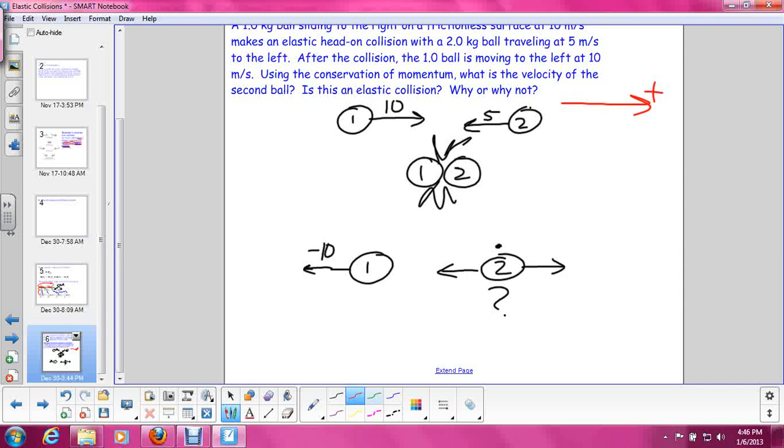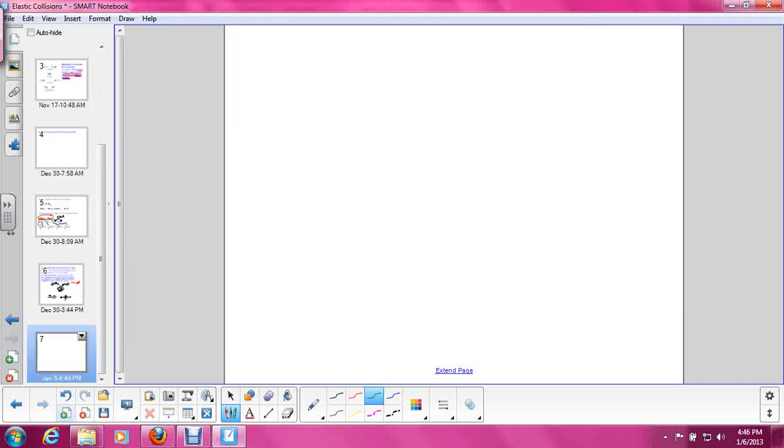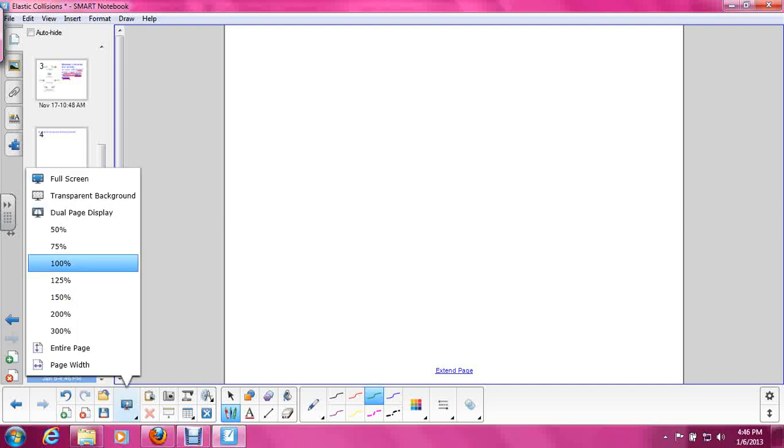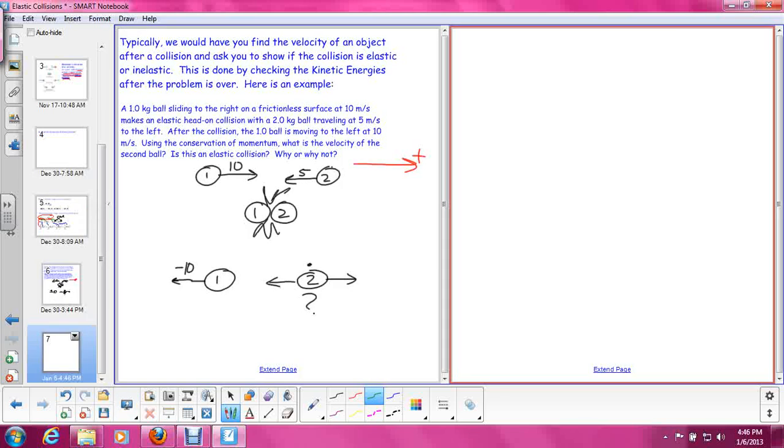So now let's go through and list everything that we know from this problem. I'm just going to get a new sheet of paper here. Everything that we are given: the mass of the first ball is 1 kilogram. The mass of the second ball is 2 kilograms. The initial velocity of the first ball is 10 meters per second.